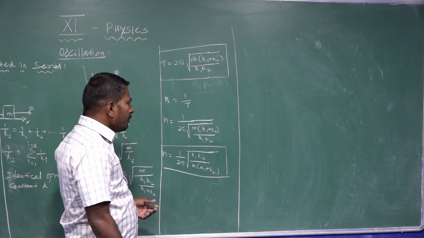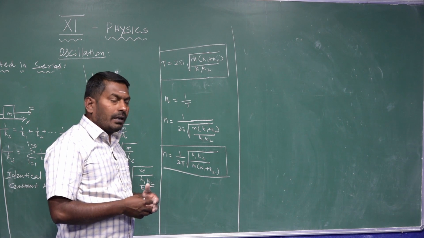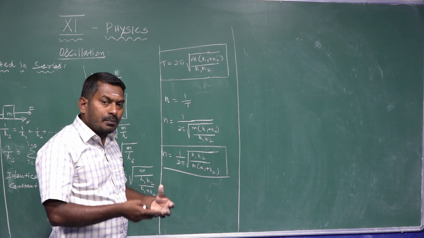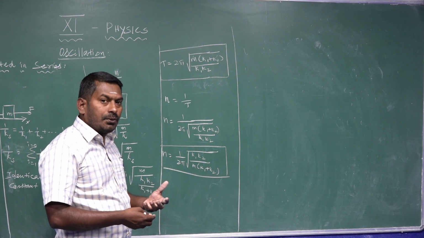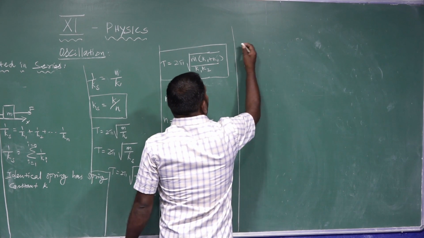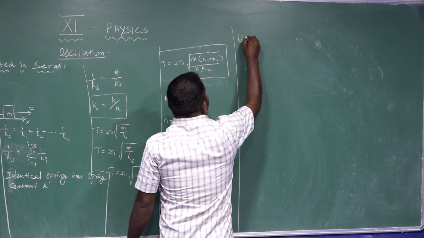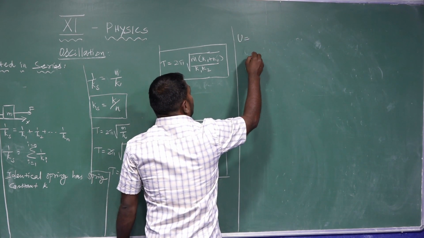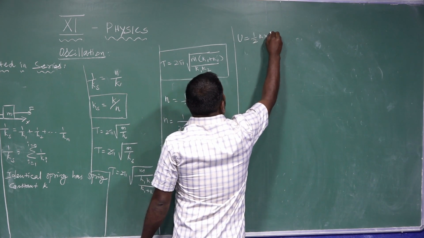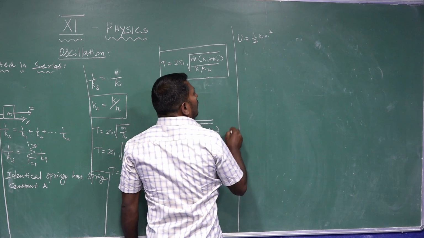Now we take the ratio of the elastic potential energy stored in the first spring and the elastic potential energy stored in the second spring. What will happen? Generally, the elastic potential energy stored in an extended or compressed spring is U equal to half k x square. This is the general formula.